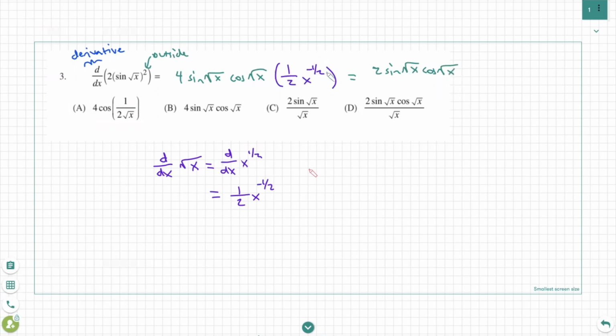Yeah, and how do we write x to the -1/2? Don't you just put it in the denominator as square root of x? Yeah, exactly. Because it's negative, it goes in the denominator, and the exponent of 1/2 is root x. So it's d. Yeah, should be d then.